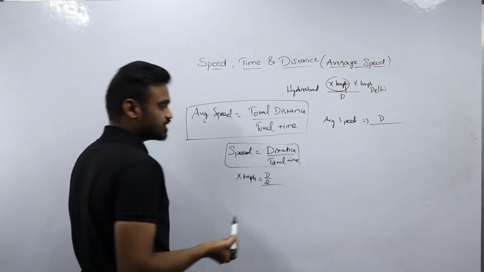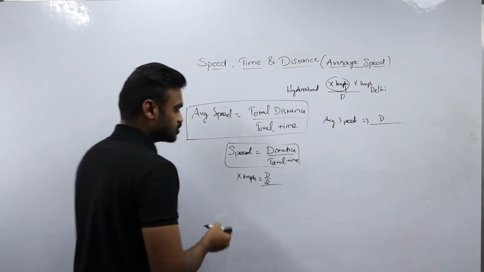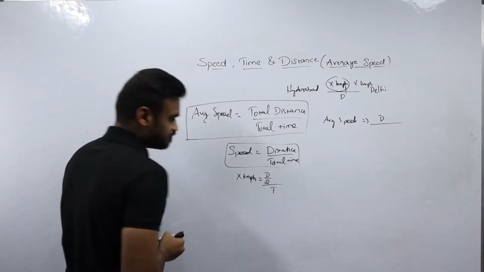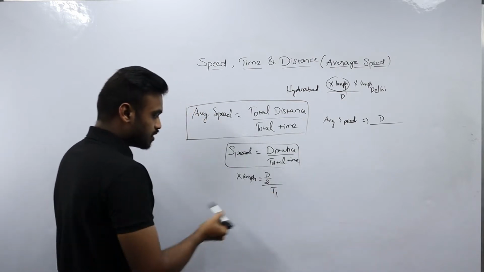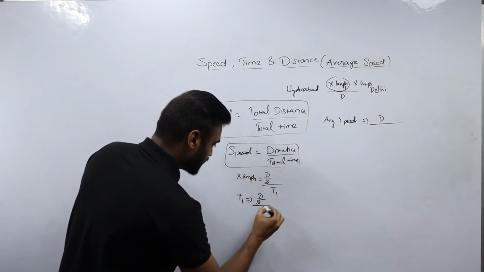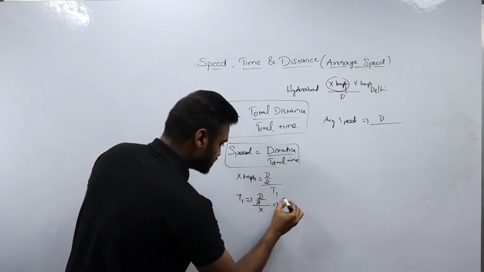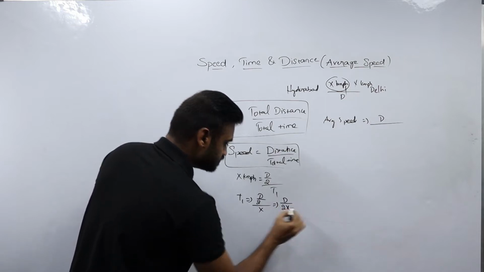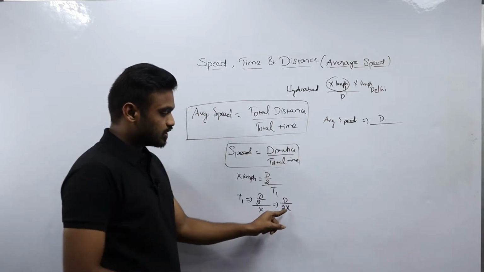We don't know the time taken to cover this half, so I am denoting it as t1. Here t1 becomes d by 2 by x, or d by 2x.